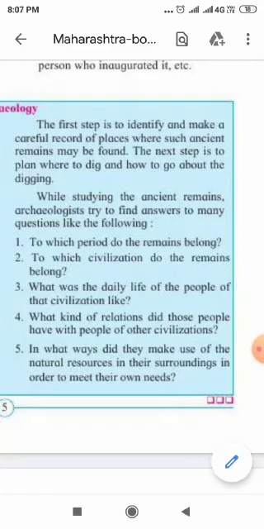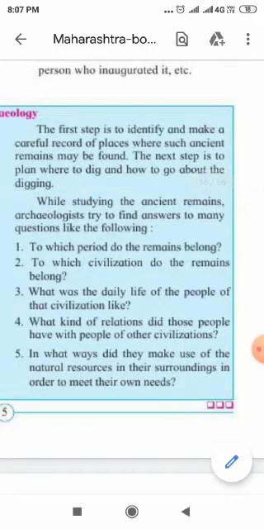So they need to gather information regarding it and arrange it properly to create history. In this way excavation to a great extent helps in writing history as it gives the evidence of the events. Thank you.